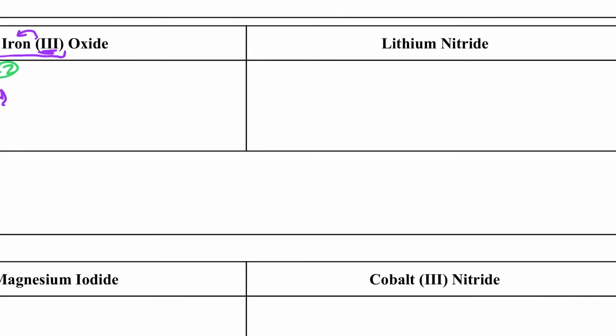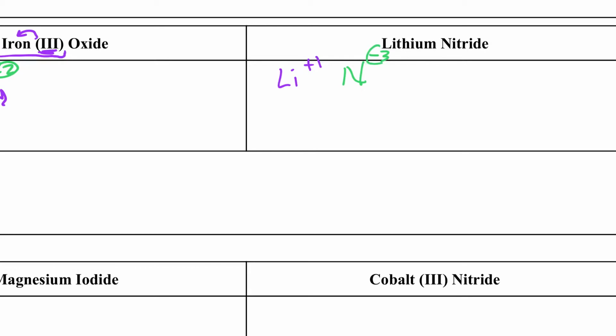Another example is lithium nitride. Because there's no Roman numeral in there, we can assume that with this ionic compound, lithium has a fixed charge, and it does. Lithium is Li, and it always has a +1 charge. Nitrogen, or nitride, is N, and it always has a -3 charge. So those charges don't add up to 0. 1 plus -3 does not equal 0.